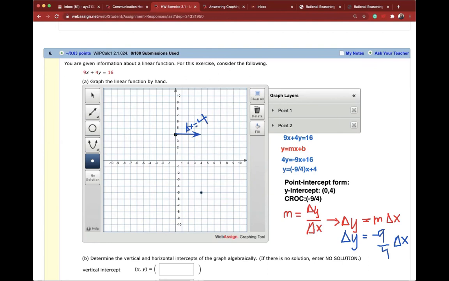Now this is the key part that I hope you get. Whatever my change in y is, it's going to be equivalent to negative 9/4 times delta x, which for us was 4.